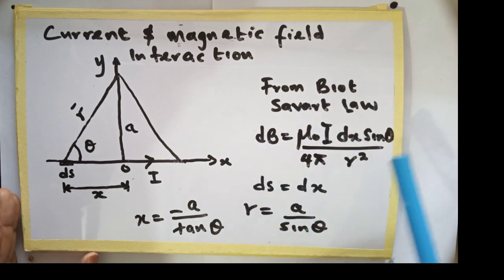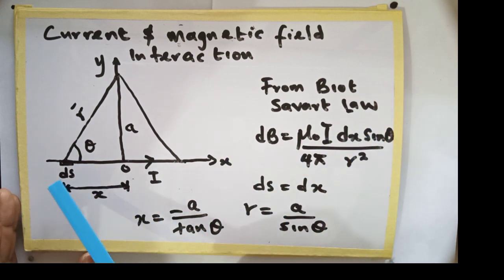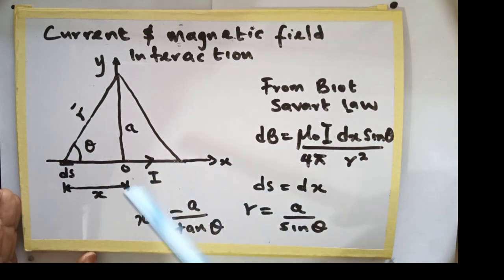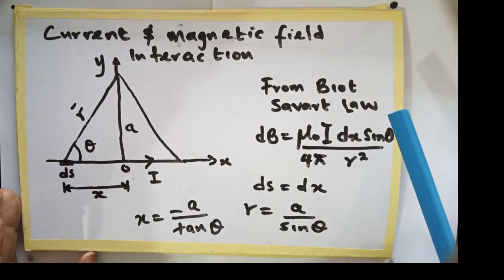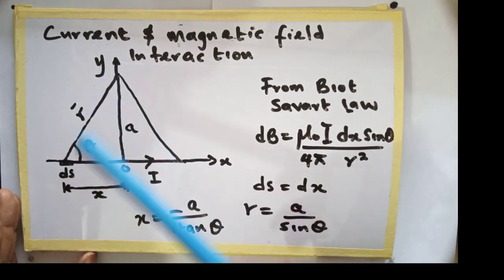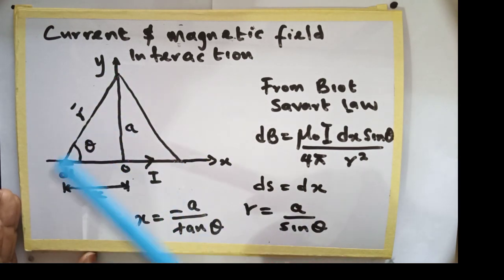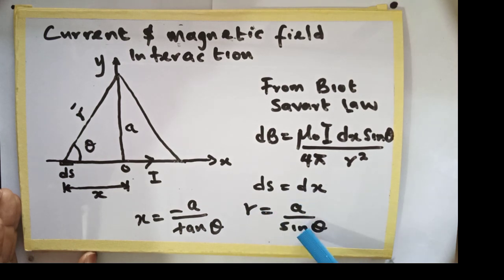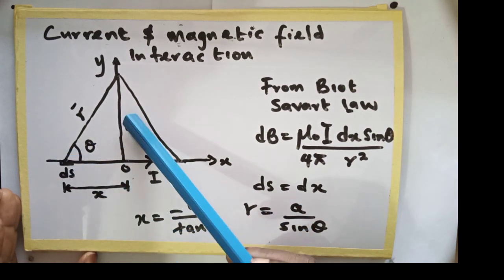From this expression we have our sine theta. Theta is coming from this theta. Our dx is also known as ds, given by this expression, because this is the x-axis and this is the y-axis. Also, we have our r. We can represent our r in terms of a and theta. So r is equal to a all over sine theta, that's opposite over hypotenuse.